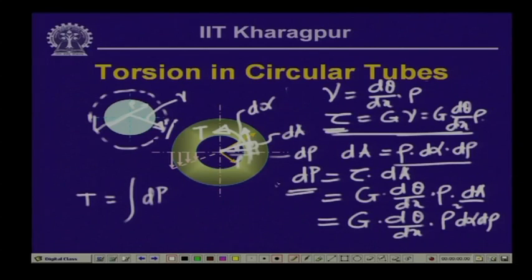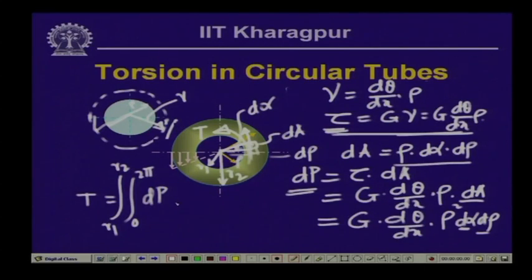Now, here we have two variables, one is alpha, another is rho. Alpha varies from 0 to 2 pi and rho varies from r 1 inside to r 2 outside. So, this is 0 to 2 pi for alpha and from r 1 to r 2 for rho.